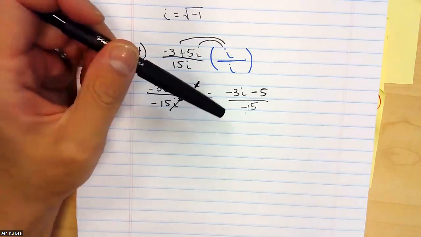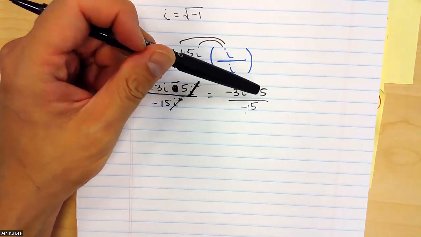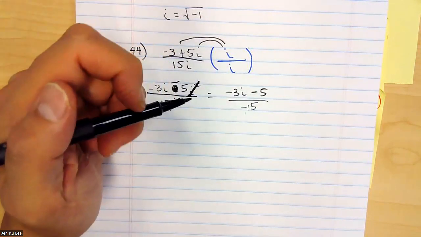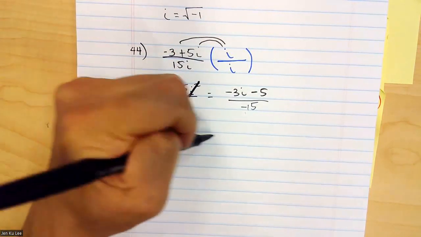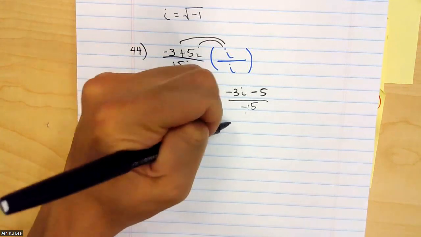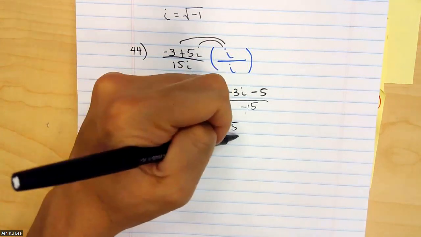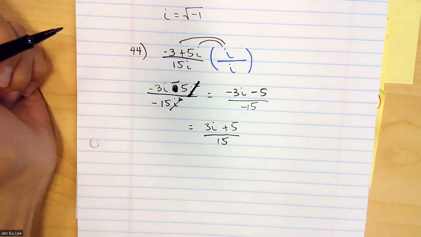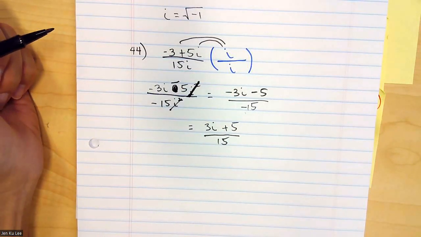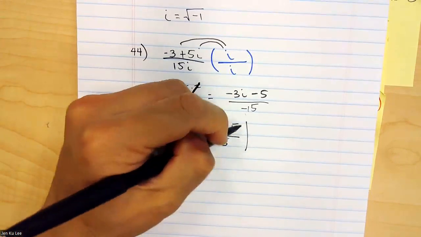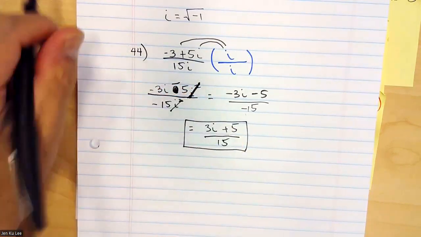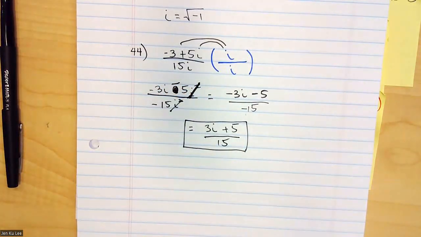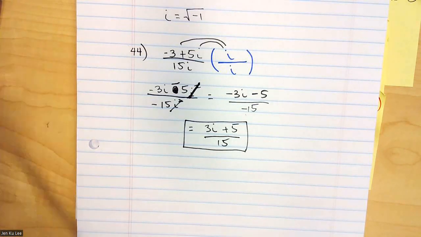And because I have three negatives here, -3i minus 5 divided by -15, I'm just going to take out all the negatives and make it look a little bit nicer by making it all positives. Okay? It's better to be all positive than all negative. Questions on that process?